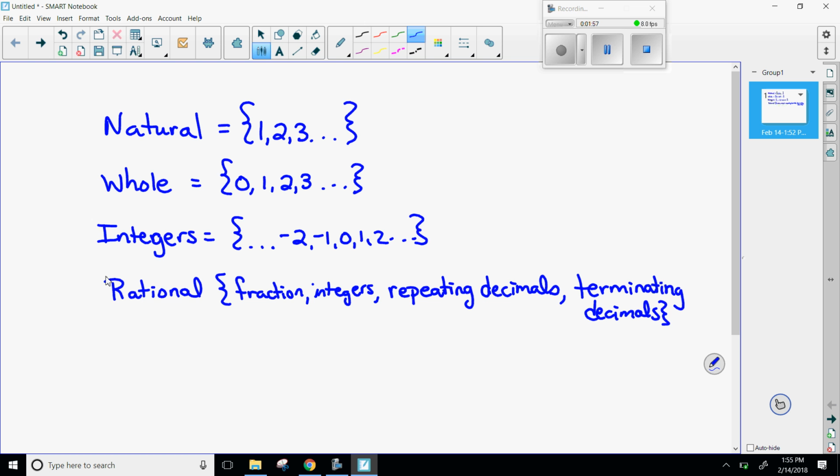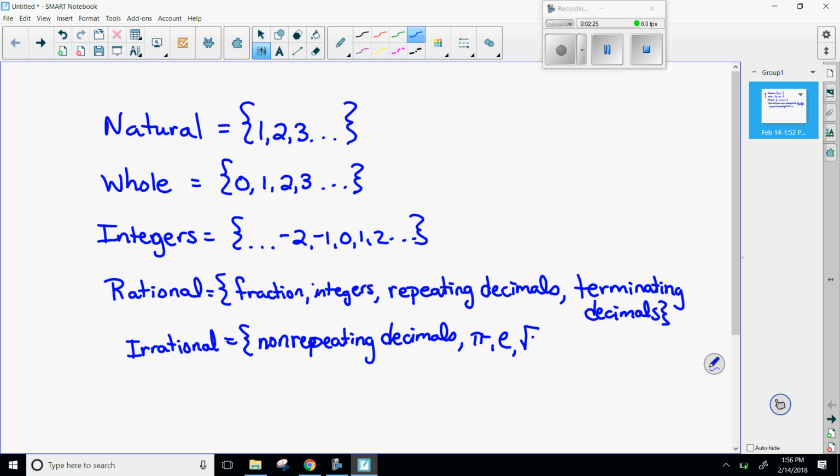All right. And if it's not rational, it is irrational, which is the non-repeating decimals, which, if you think of it, would be pi, e, square root of 7, square root of 2, and things like that.